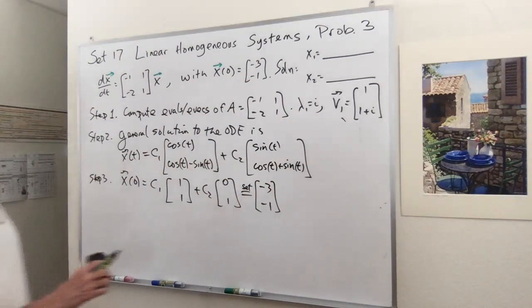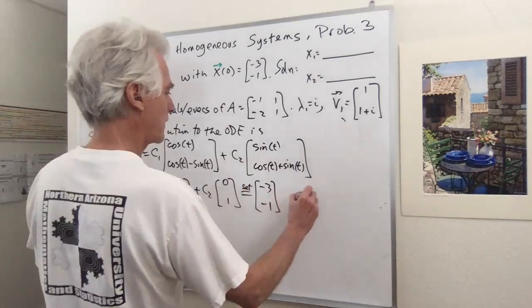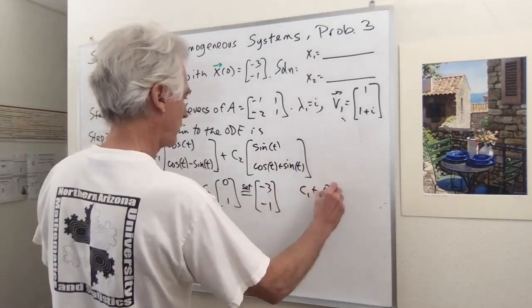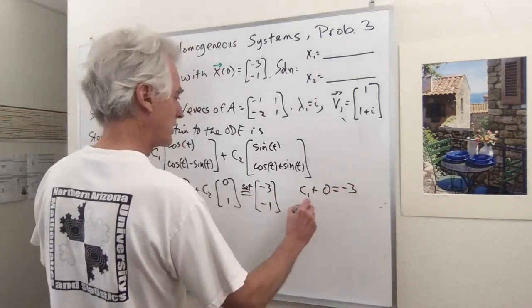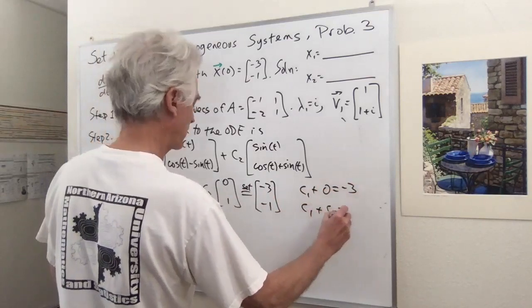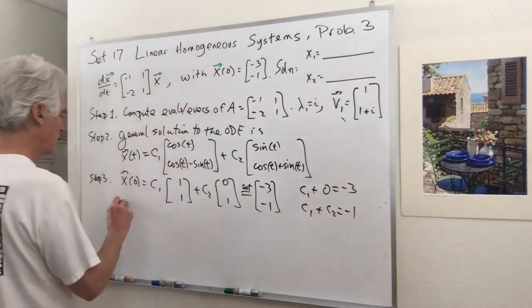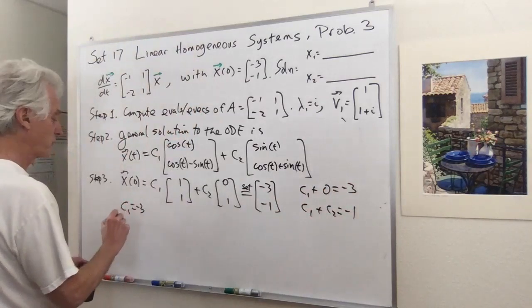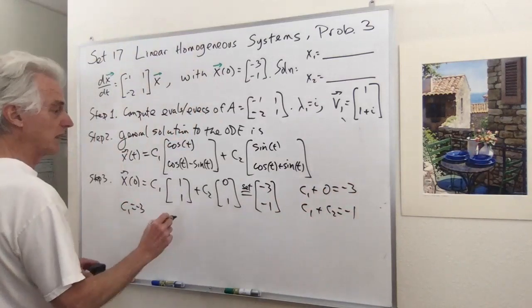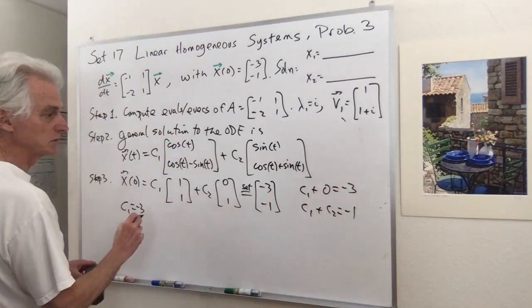So that's a pretty easy system to solve. c1 plus 0 equals negative 3. c1 plus c2 is negative 1. So therefore, we get c1 is negative 3. And then negative 3 plus c2 is negative 1.